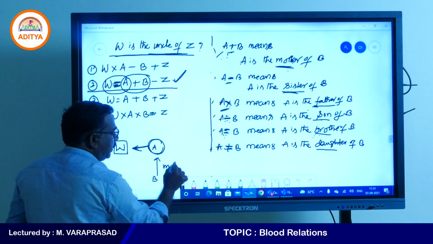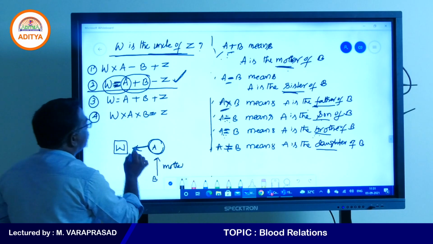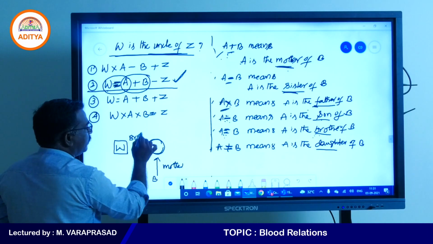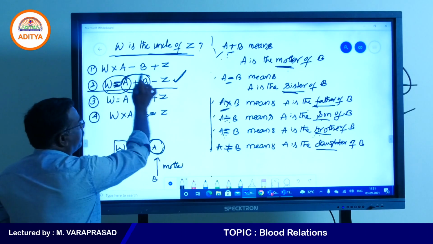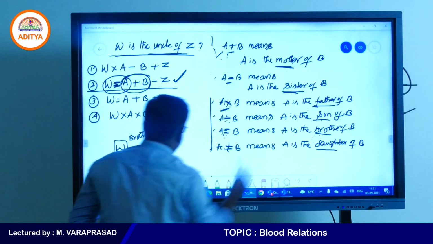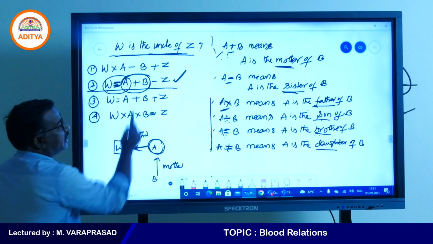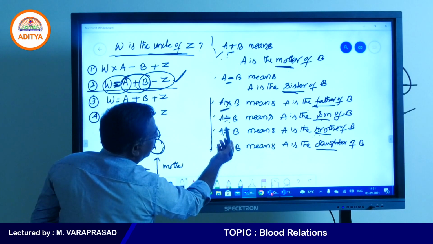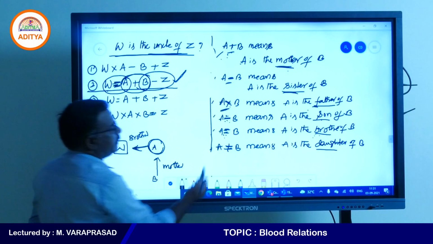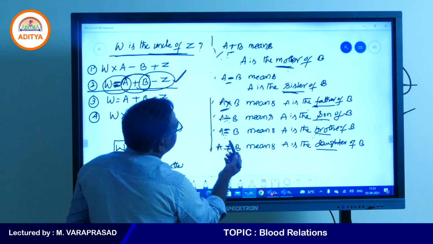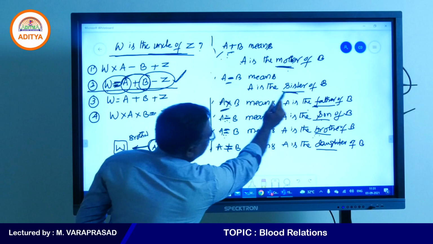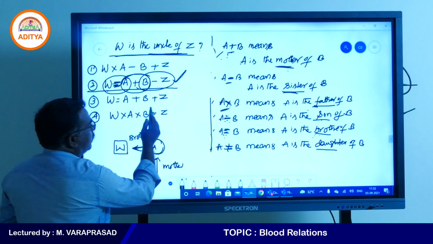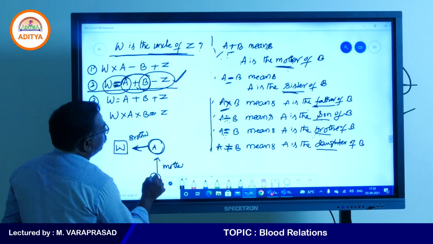A is mother of B. See once here: the first relation, equal to, means W is brother of A. The second relation is A plus B, plus means mother, so A is mother of B. The third relation is B minus Z. Minus means sister, so B is sister of Z.